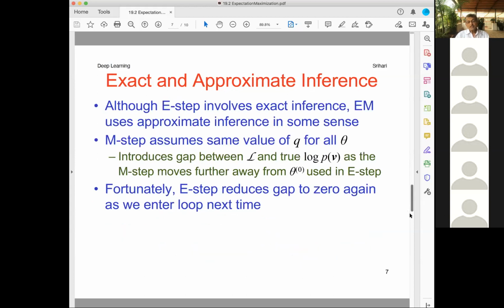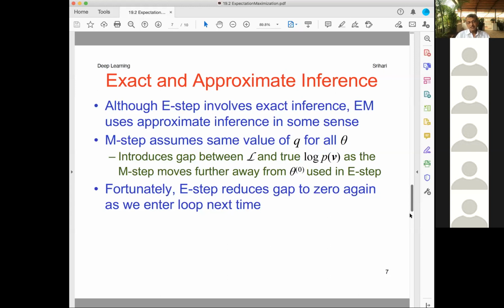Although the E step involves exact inference, where we set Q equal to P, EM uses approximate inference in some sense. The M step assumes the same value of Q for all theta and introduces a gap between L and the true log P(v) as the M step moves further away from theta naught. Fortunately, the E step reduces the gap to 0 again.